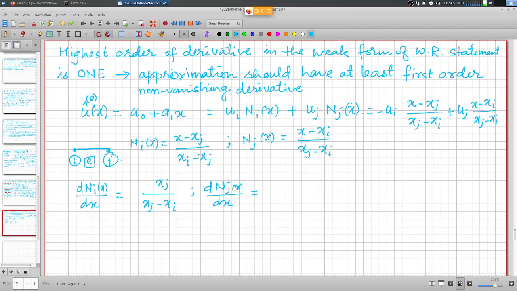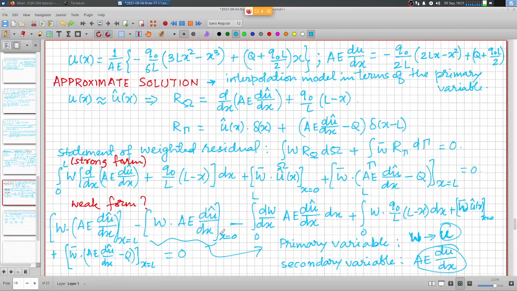So that is the derivative of this. So this is equal to minus of xi divided by xj minus xi. These will be used. We computed this because we will need these in evaluation of this boundary integral, domain integral, when we choose w as Ni and Nj. Right?